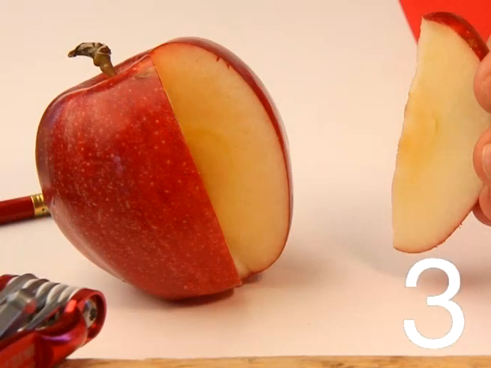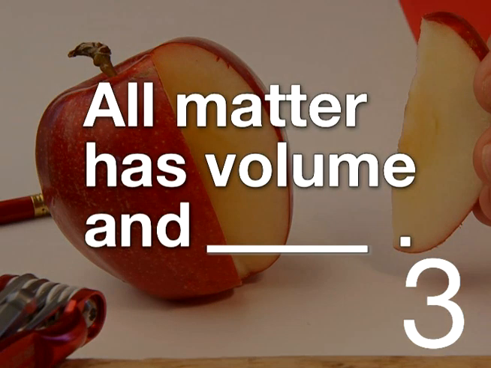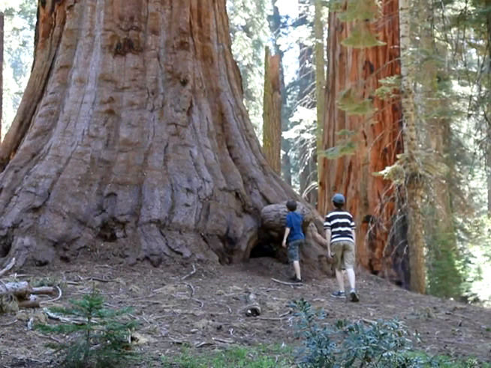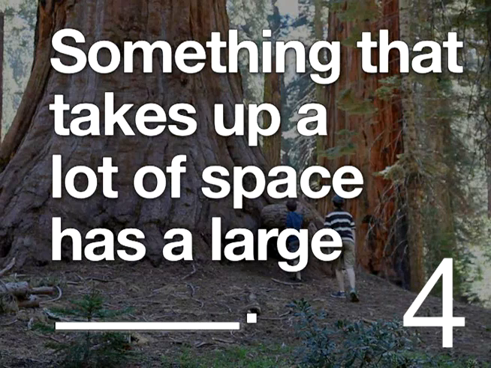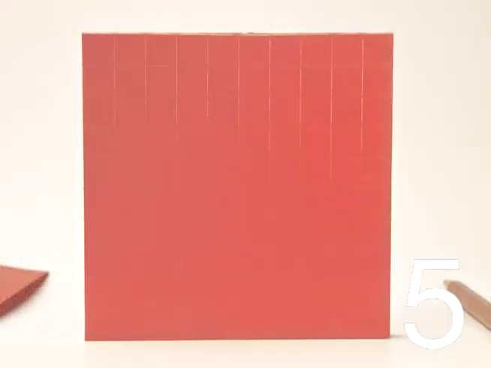All matter has volume and. Number 4. Something that takes up a lot of space has a large. And number 5. This block has a square.